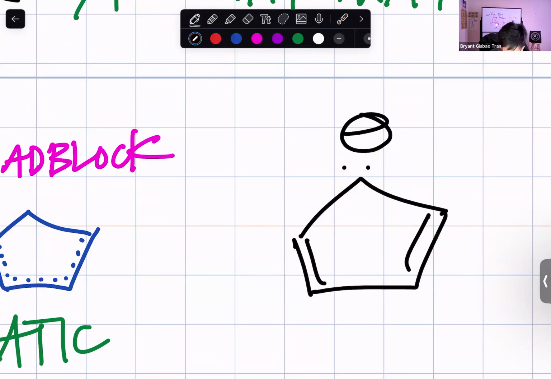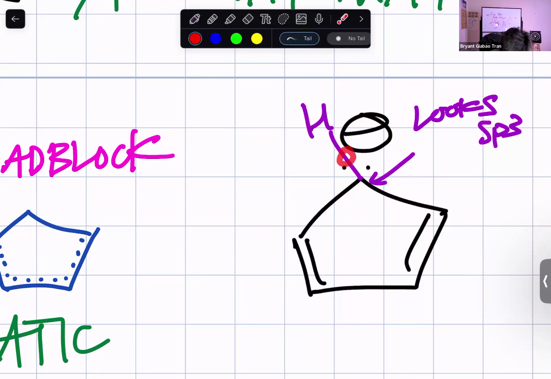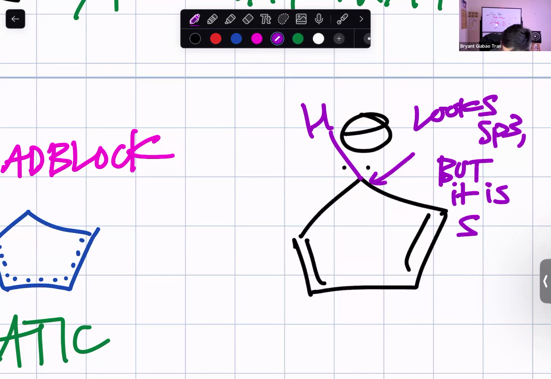And because it can do resonance, this is very similar to the last one. It looks sp3 because it has 4 groups attached to it: the 3 single bonds, 1, 2, 3, and a pair of electrons, right? But because of resonance, it is sp2.